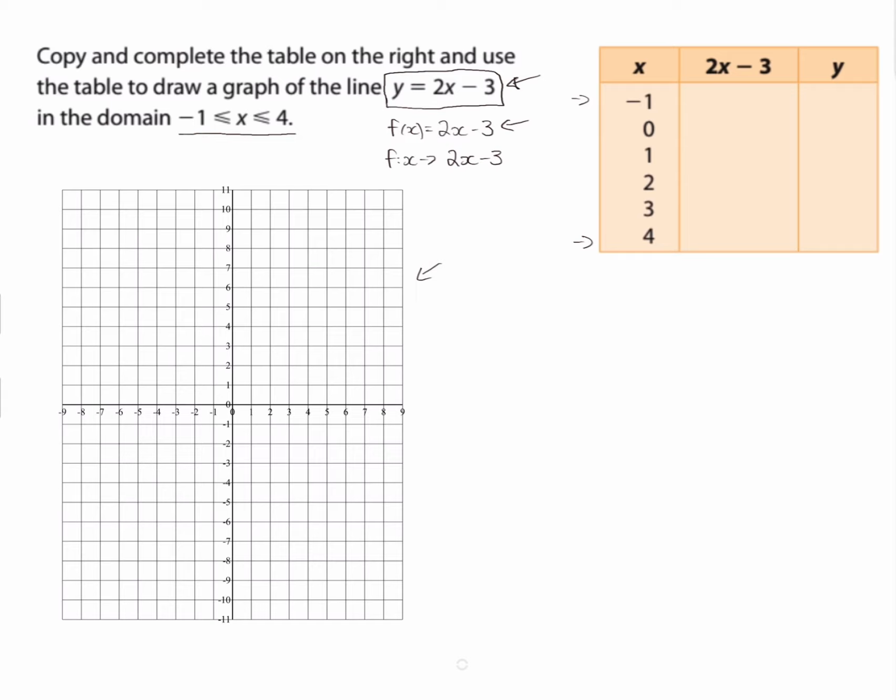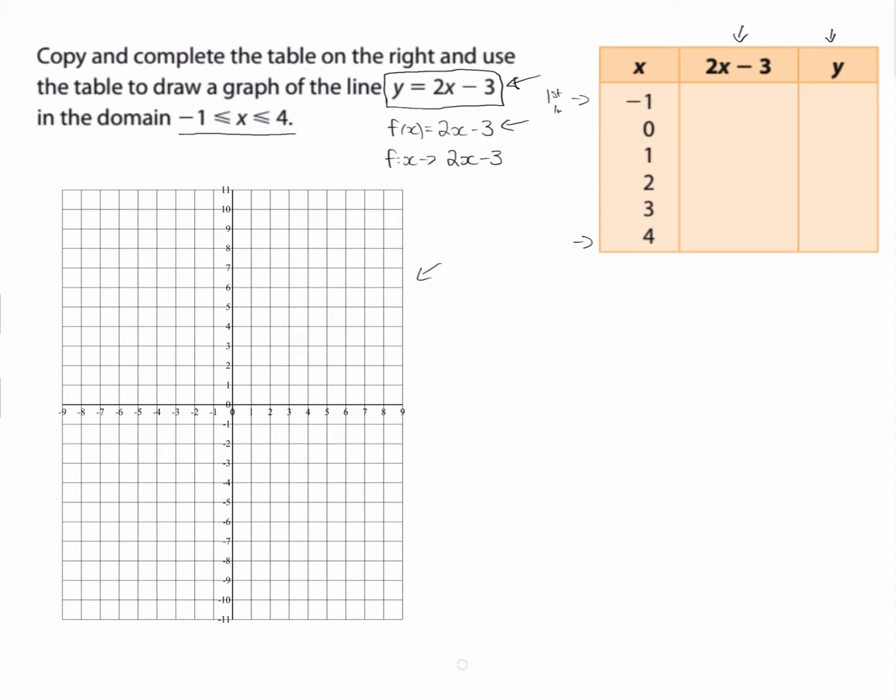And all we do is we substitute each of these numbers into this function, and once we multiply them and minus them, we get the output. And when we have the input and the output, we can draw that on our graph, and then we can draw our line.